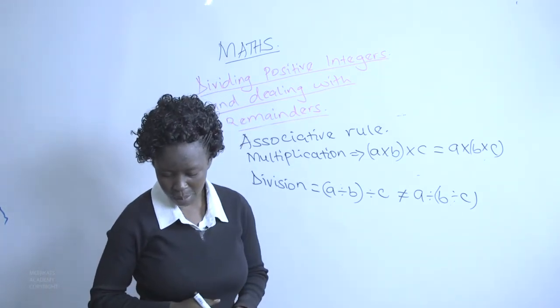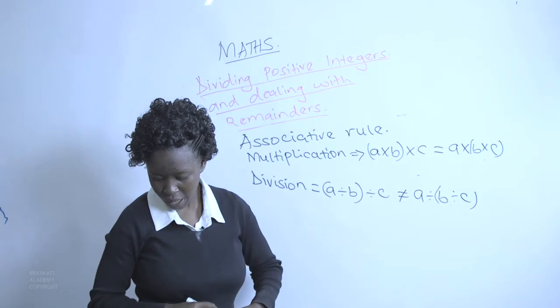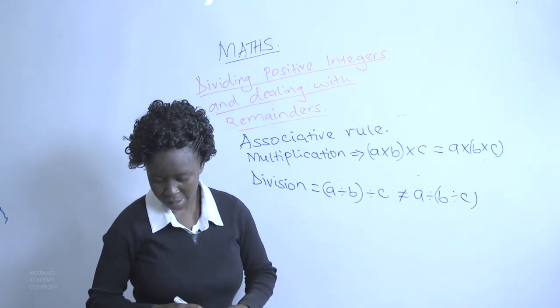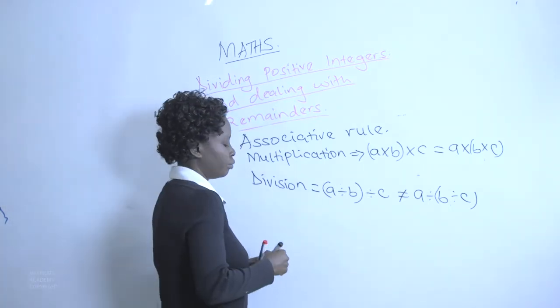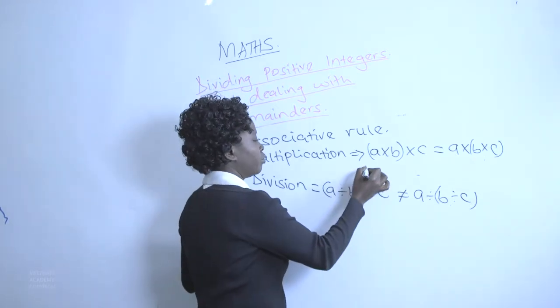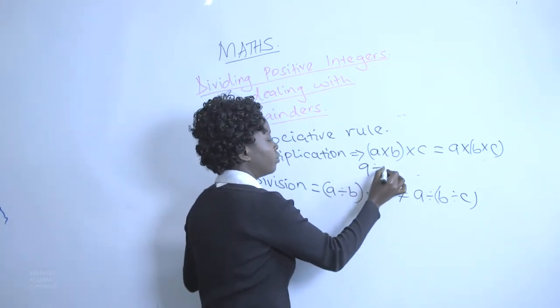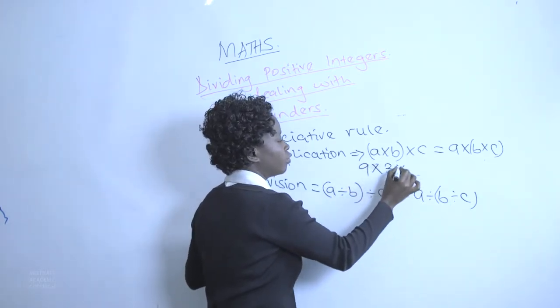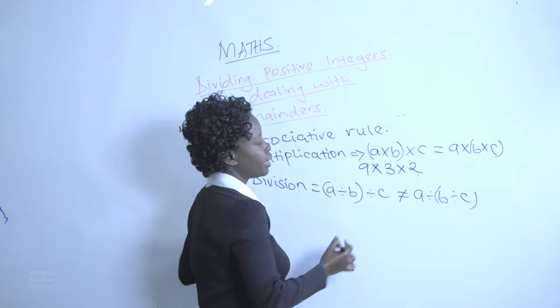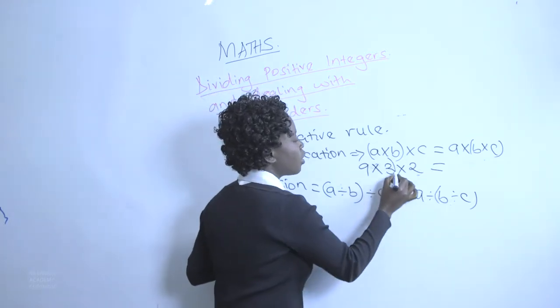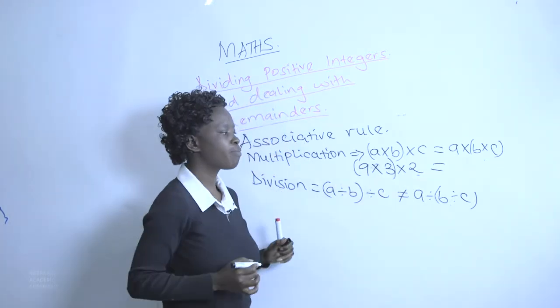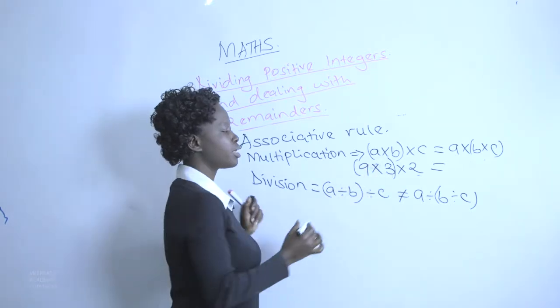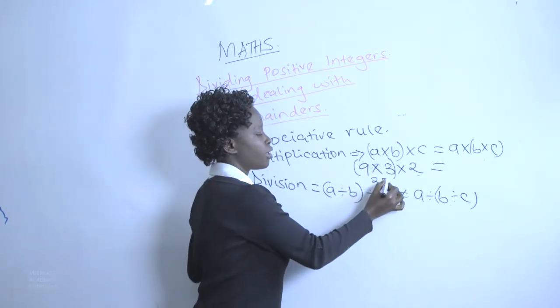A very good example is when we have such numbers. Nine times 3 times 2, I'm starting with the first pair. 9 times 3 is simply 27.